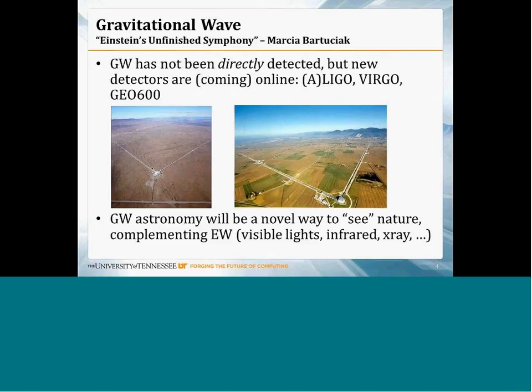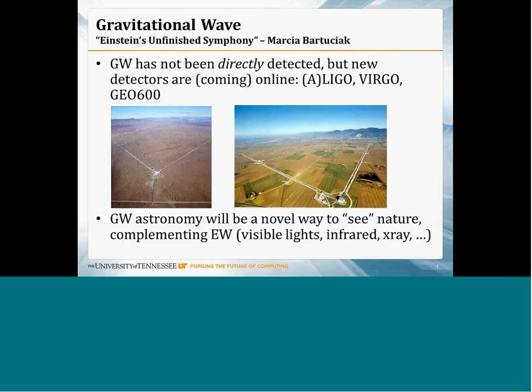Gravitational waves have not been directly detected, but detectors are either online already or coming online. One of them, for example, is LIGO, which is being upgraded to Advanced LIGO. And Virgo is a collaboration for gravitational wave detection in Europe. This is a picture of LIGO in Hanford and Virgo.